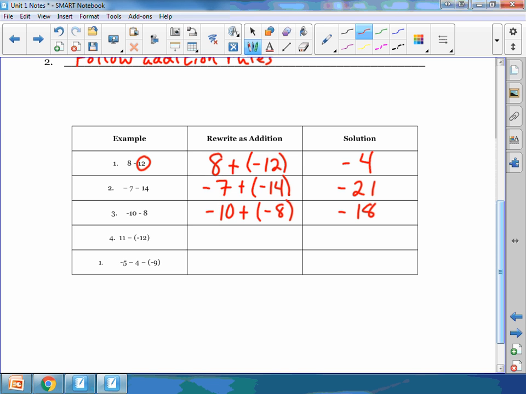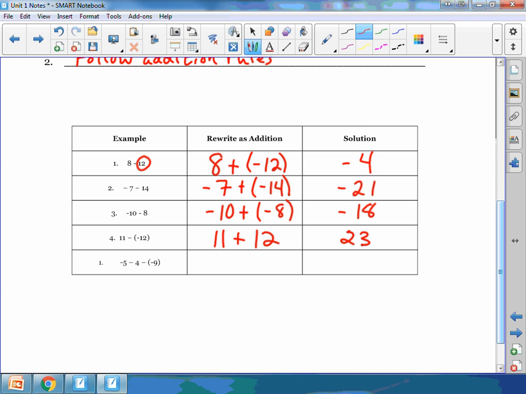It's still going to be 11. We don't touch the first number. That stays. What was the second part, though, David? Well, it's already minus a negative 12, and if we're adding the opposite, what's the opposite of negative 12? Just 12. This problem, believe it or not, just turns into 11 plus 12. When you subtract the negative, it's the equivalent of adding a positive. So then that's obviously 23.